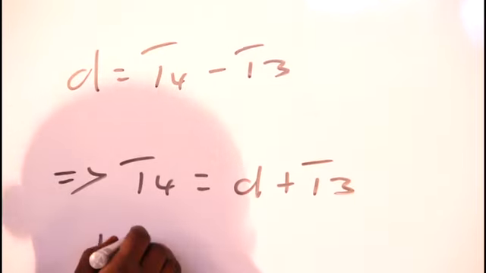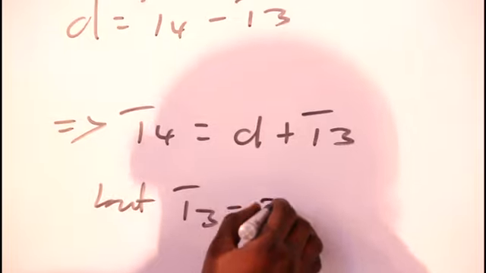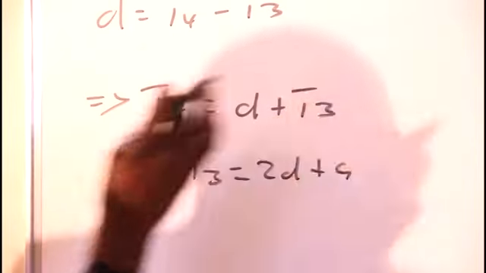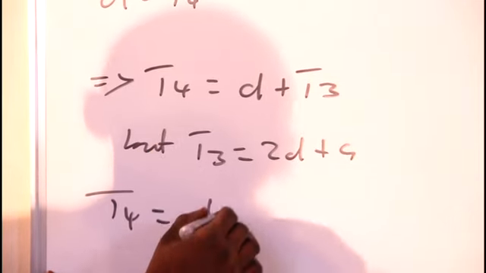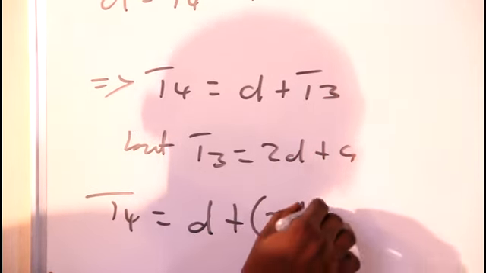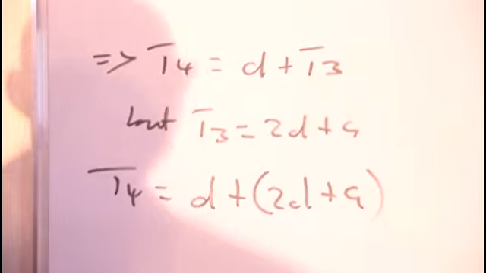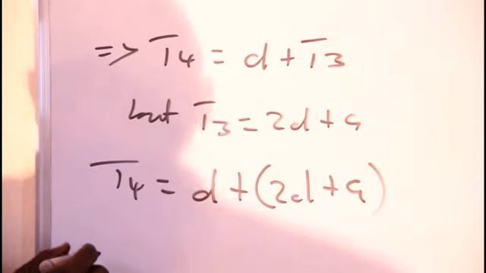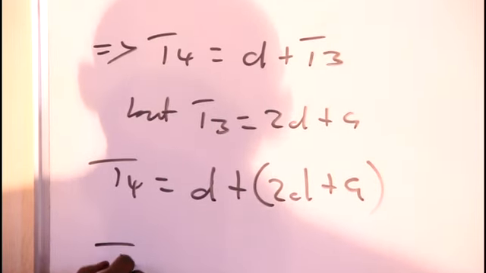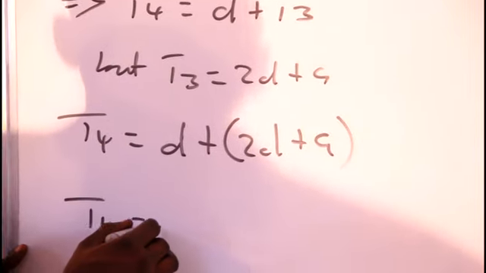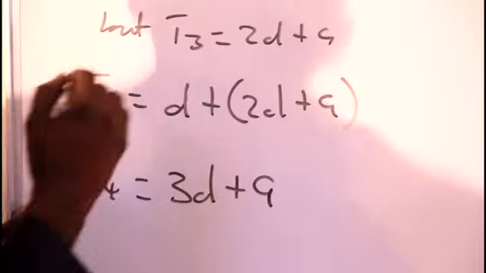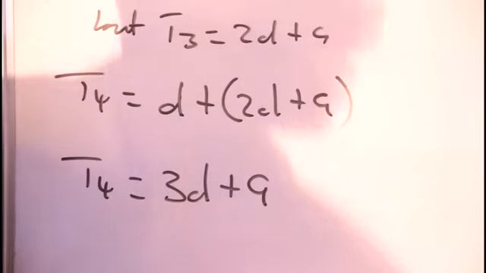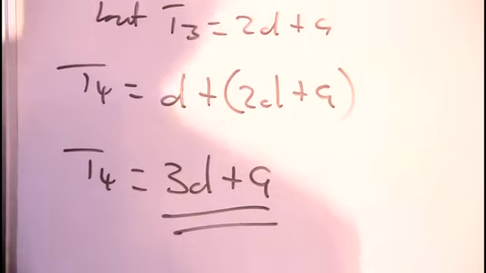But T3 is equal to 2d plus a. When you substitute into this, T4 will be equal to d plus 2d plus a. We'll end up having T4 equal to 3d plus a, and this is our value for T4.